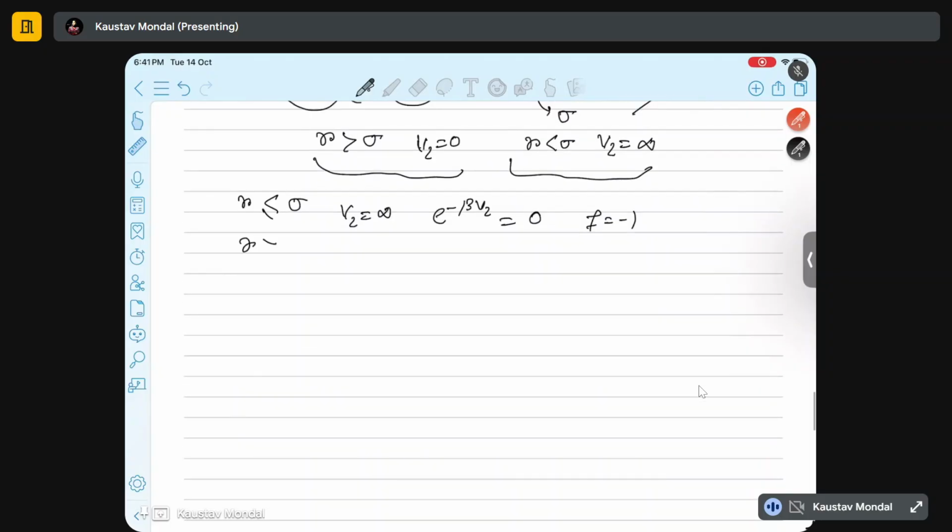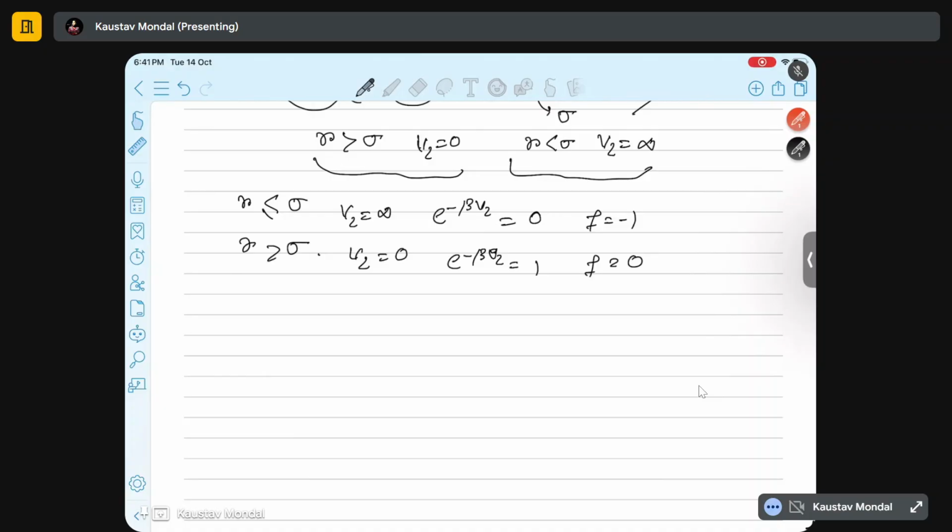Now if r is greater than sigma, the potential would be almost 0, so e to the power minus beta V2 gives you 1, so f gives you 0. So for r less than sigma, f equals -1, and for r greater than sigma, f equals 0.